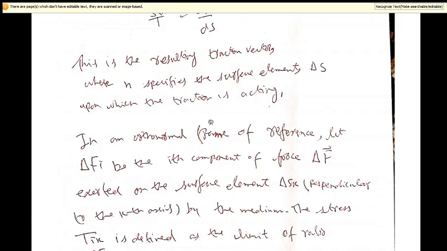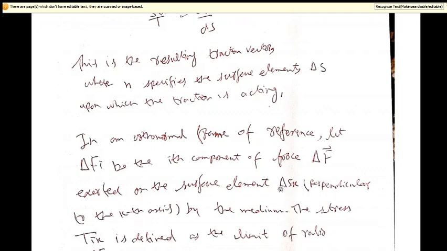In an orthonormal frame of reference, let delta F i be the ith component of the force delta F exerted on the surface element delta S k perpendicular to the kth axis. What does this mean?